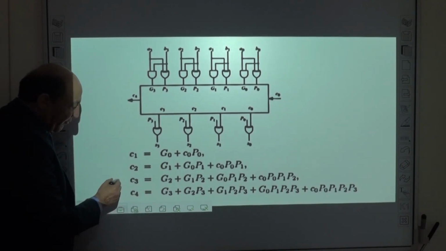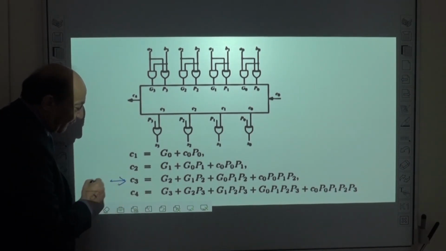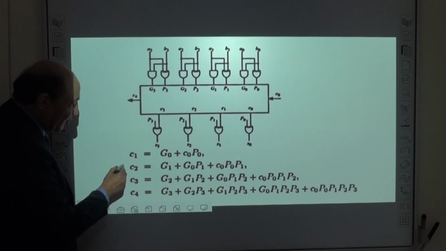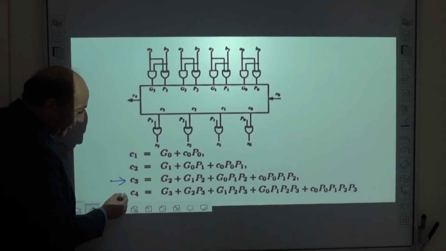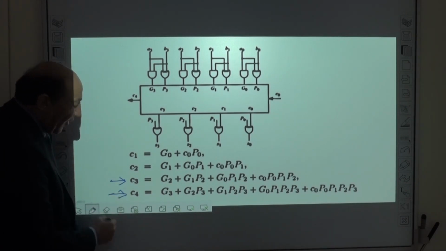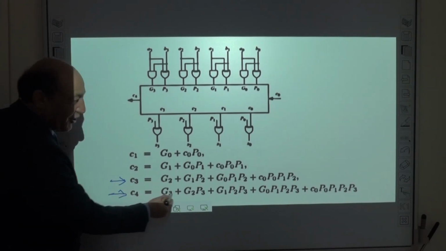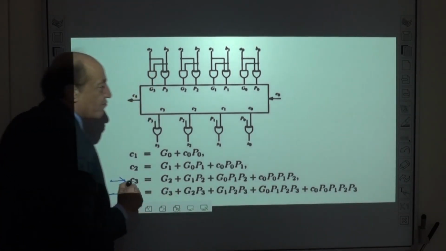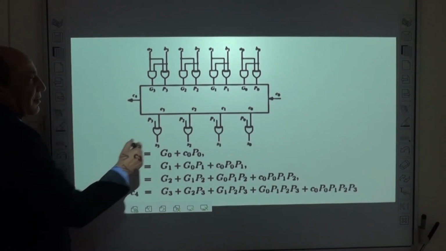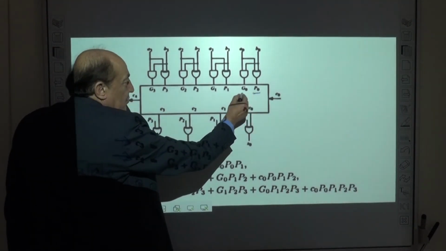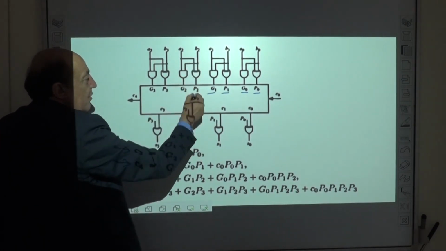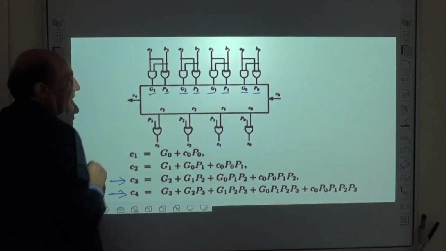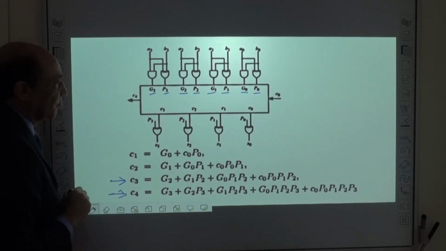Note here, for example, in the expression of C4, we have C2, and in the expression of C4, we have C3. Here P0, G0, P1, G1, according to the previous expressions.